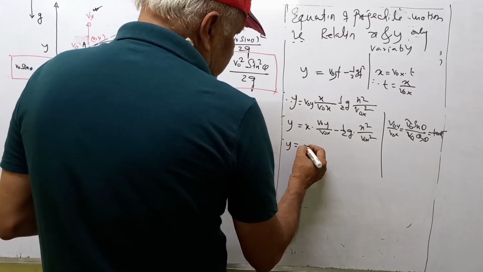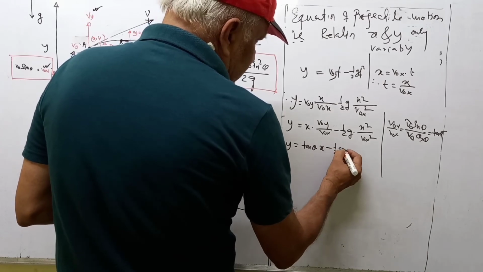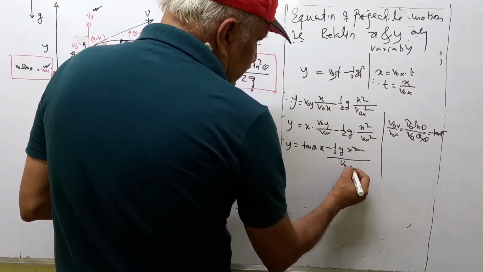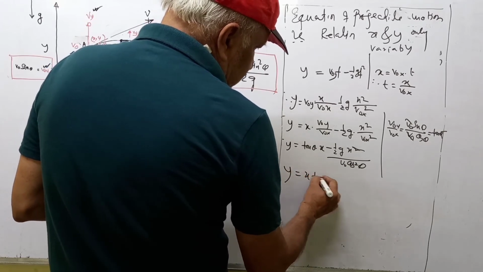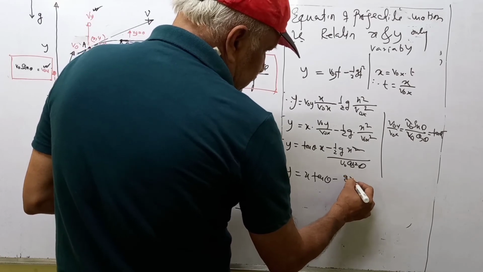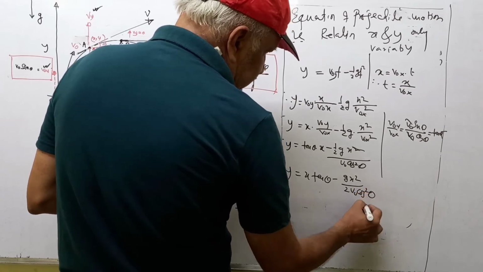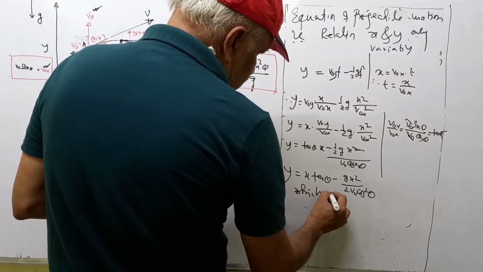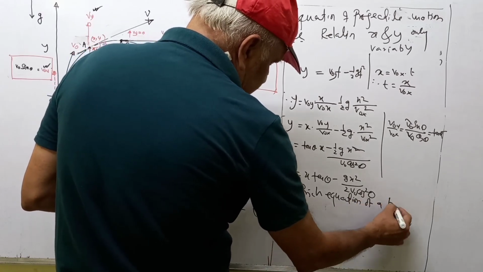So y equal to tan theta into x minus half g x square divided by v0 cos square theta, or y equal to x tan theta minus g x square by twice v0 cos square theta, which is the equation of a parabola.